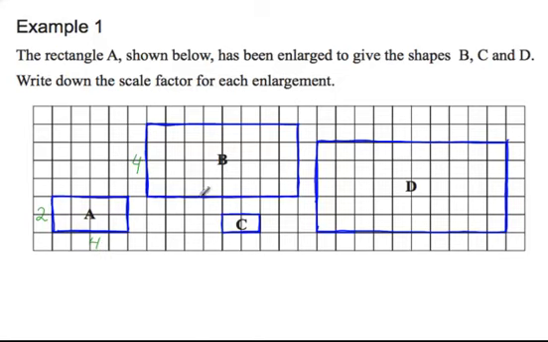We have 1, 2, 3, 4, 5, 6, 7, 8, and that is what we get. So this triangle 4 by 8 is double 2 by 4. The lines are double anyway. We'll get into area factor later on. But the scale for A to B is 2. The scale factor is 2.